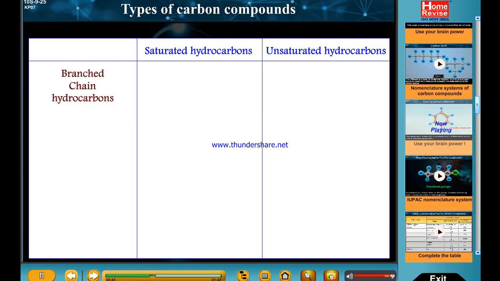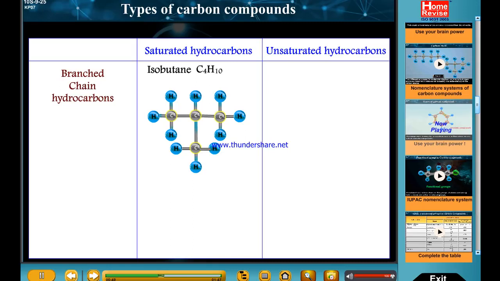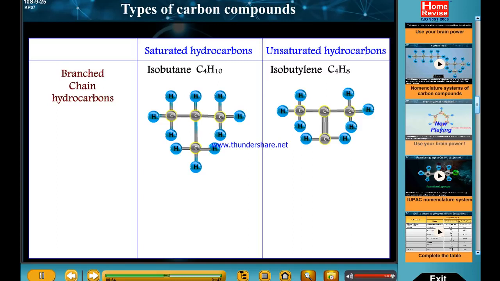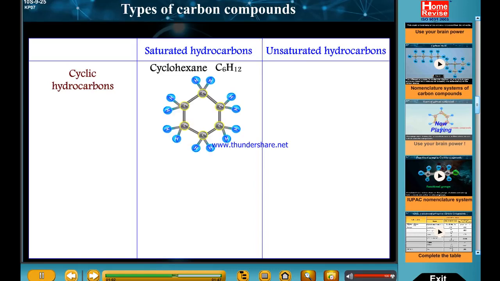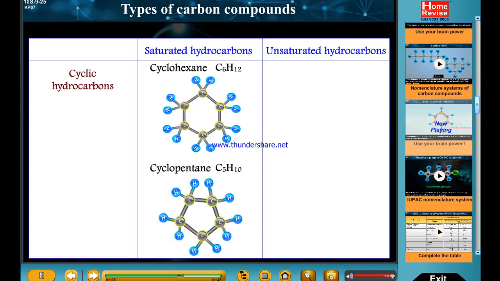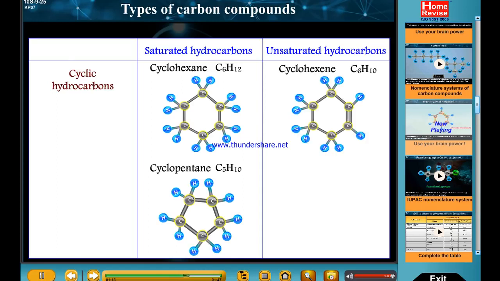In branched chain hydrocarbons, saturated hydrocarbon is isobutane, C4H10, and unsaturated hydrocarbon is isobutylene, C4H8. In cyclic hydrocarbons, saturated hydrocarbons are cyclohexane, C6H12, and cyclopentane, C5H10. And unsaturated hydrocarbons are cyclohexene, C6H10, and benzene, C6H6.